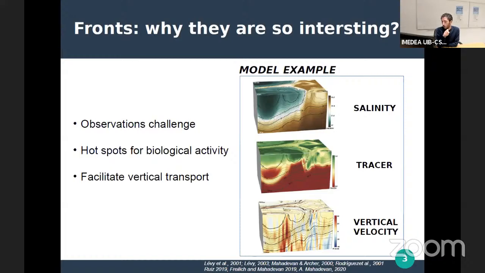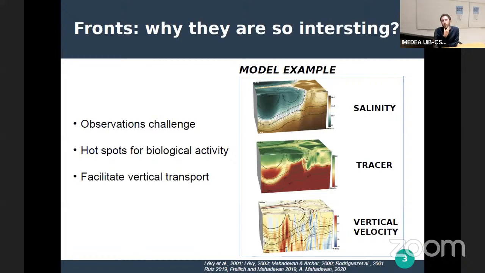And more in general, they are a spot for biological activity. You can see, for example, the tracer in the middle plot, where the red means a small concentration of this tracer, and the green-blue represents a stronger concentration of tracer. And this is because fronts move tracer.